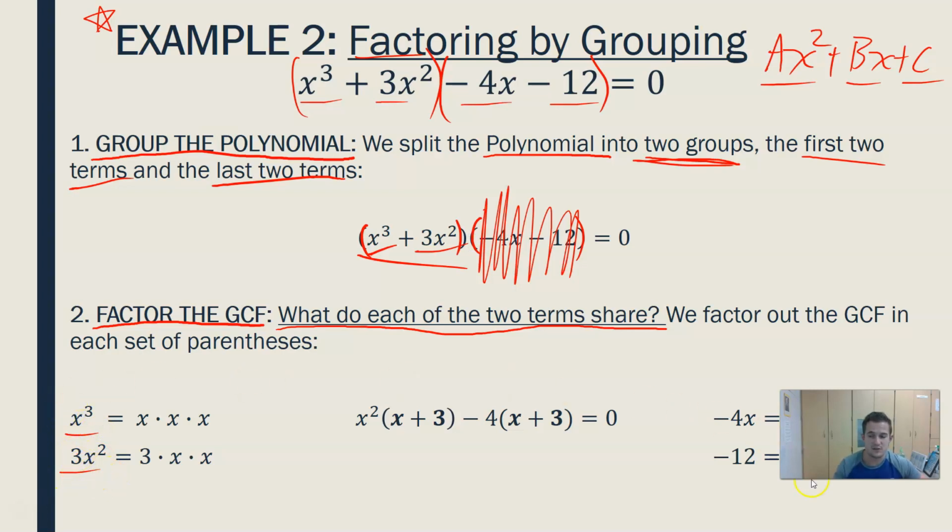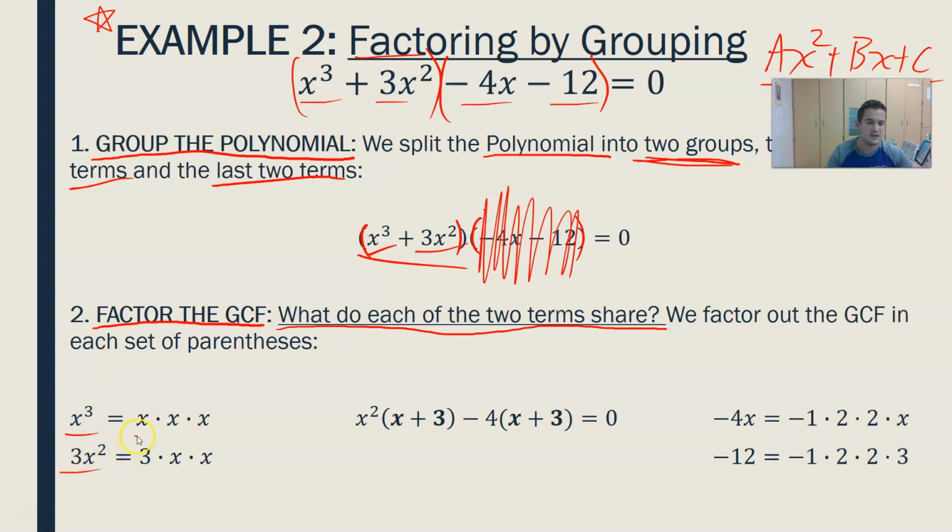If I divide those out into their prime factors, I get x times x times x. 3x squared is 3 times x times x. You notice what I have in common is 2 x's here, 2 x's here. So I'm going to take an x squared out of both of these terms. And what I have left is x and 3. So x plus 3 is what I have left inside the parentheses there.